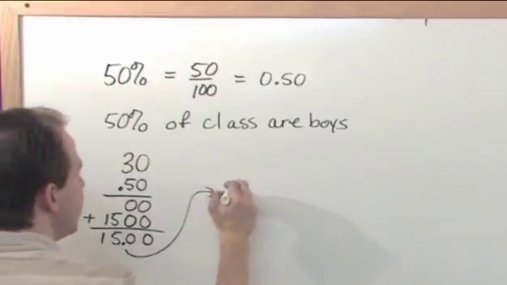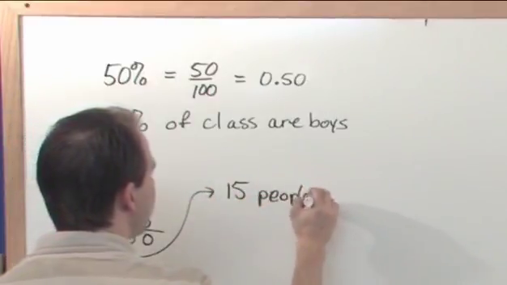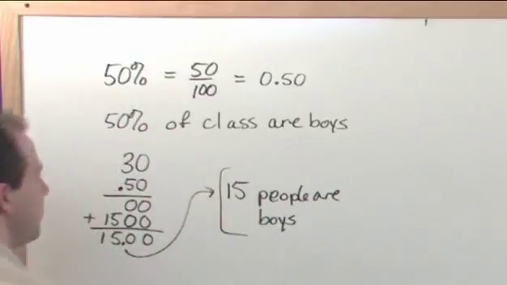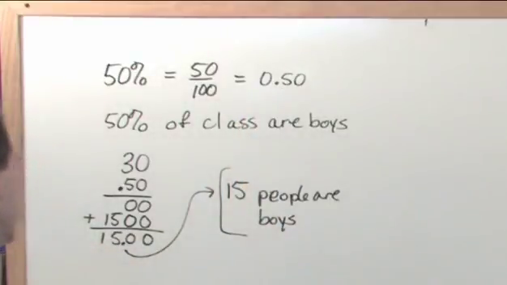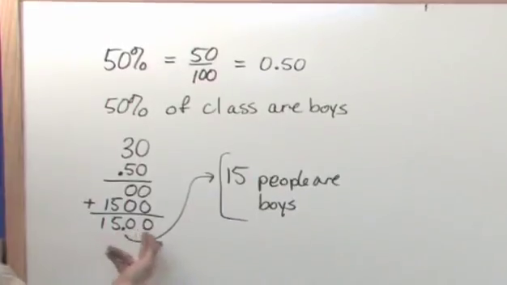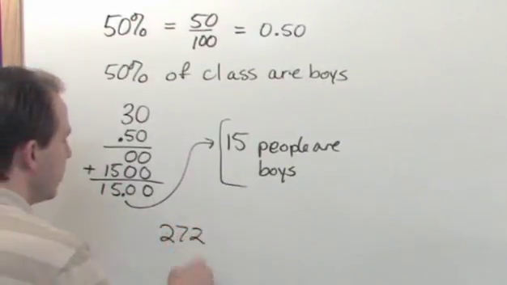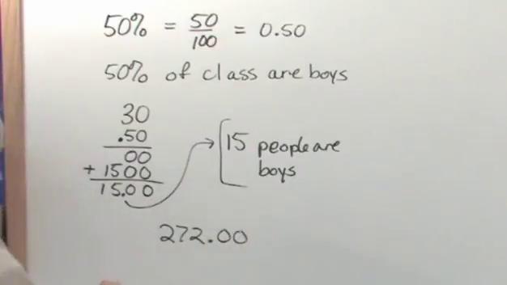So the answer is 15 people in the class are boys. Really all you did was multiply by 0.50 there, and you just get a number that's 15.00, and you can drop these zeros because 272 is the same as 272.00, so you can just drop those zeros there, and they don't really mean anything.